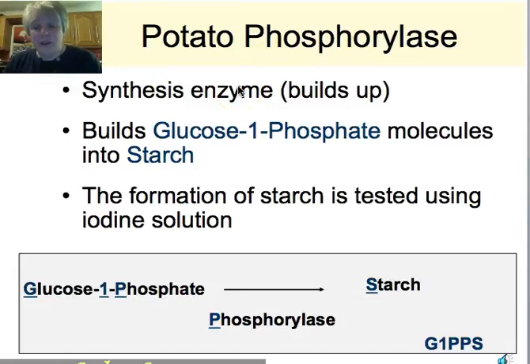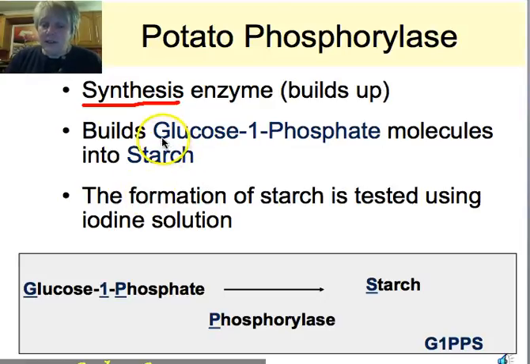It's called potato phosphorylase. Now, potato phosphorylase is just a little bit different than the amylase and the catalase, because it is a synthesis enzyme. In other words, it builds up products. It doesn't break things down. It's involved in building up a molecule.